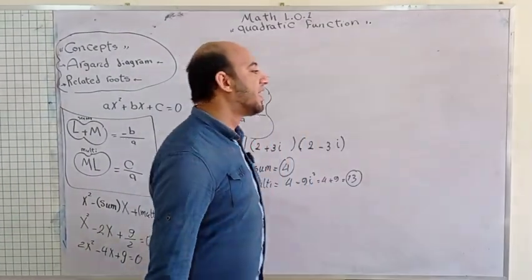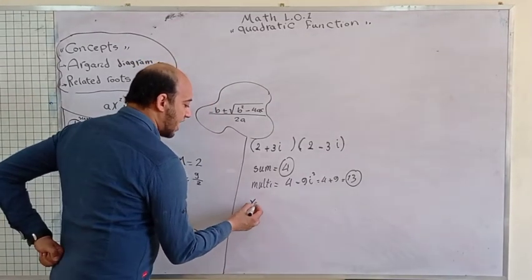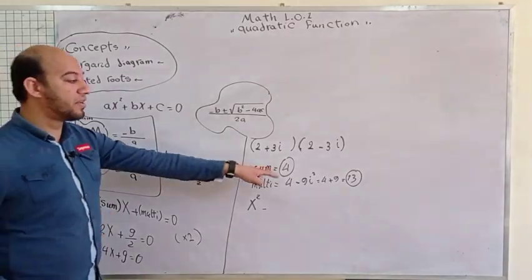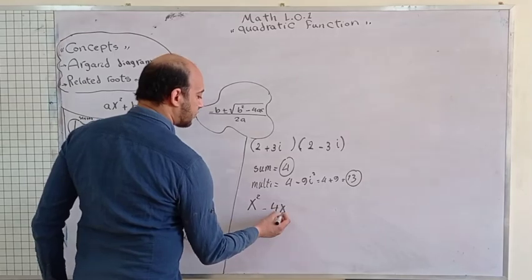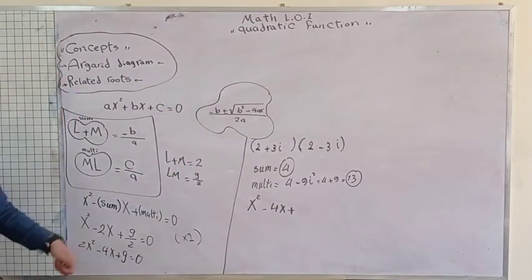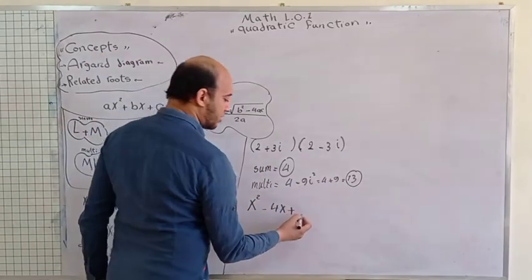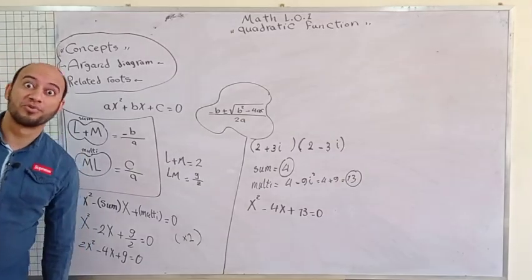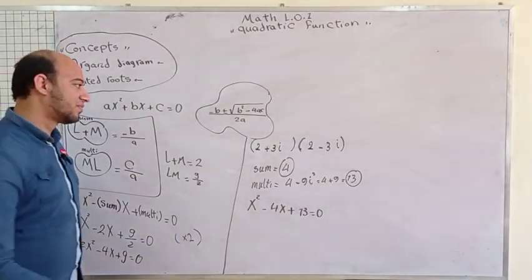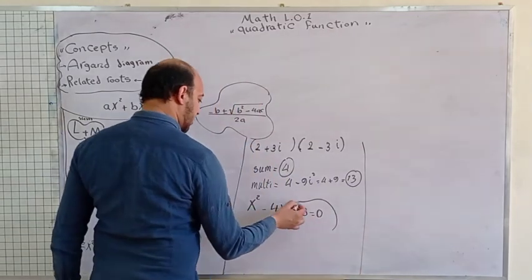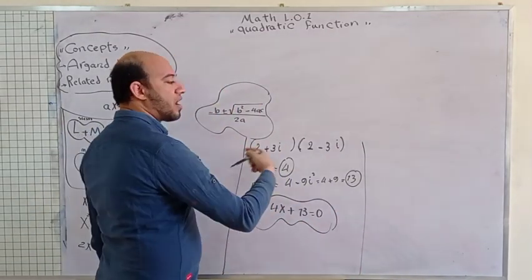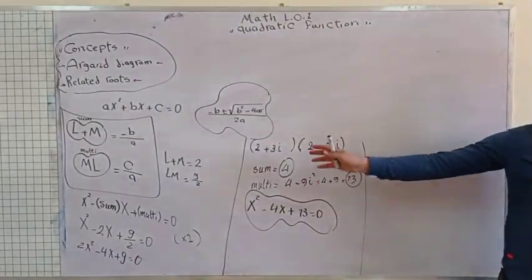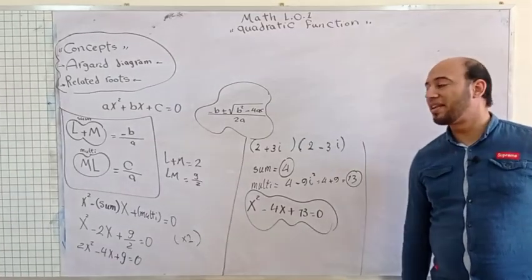Now we can get the equation: x squared minus the sum, which is 4, times x, plus the multiplication of the two roots, which equals 13, and finally equals 0. Now we have made the final equation whose roots are the conjugate complex numbers 2 plus 3i and 2 minus 3i.